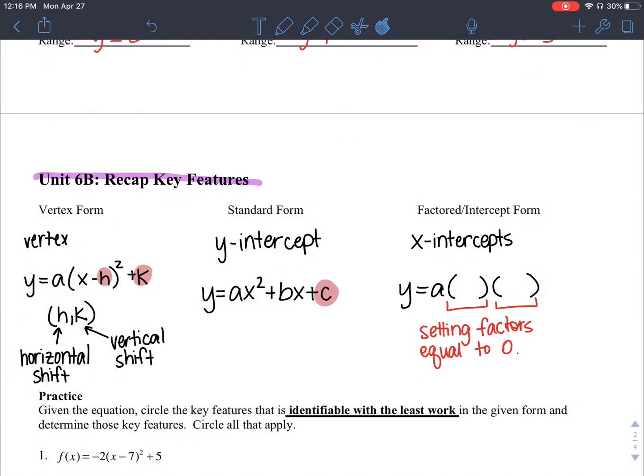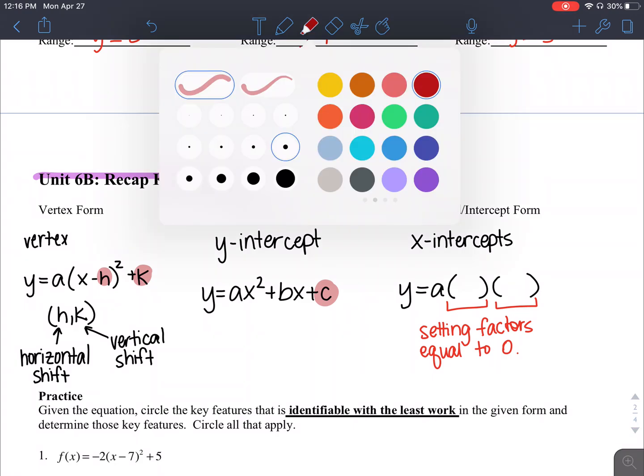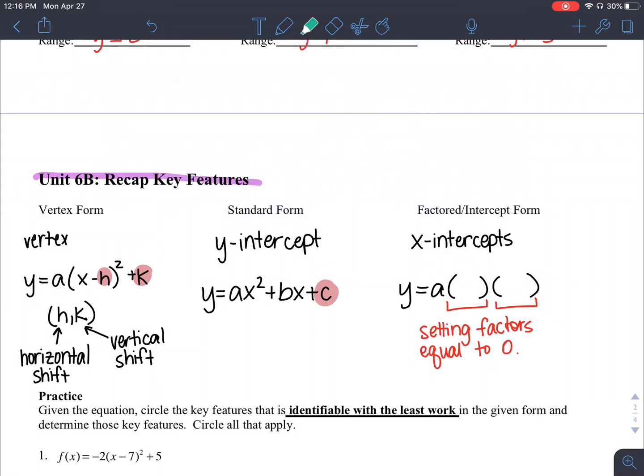So if I look at every single one of those forms, they all have an a value. And if we remember what a value meant in transformations, this means that we can tell in each form if the quadratic was reflected or not.